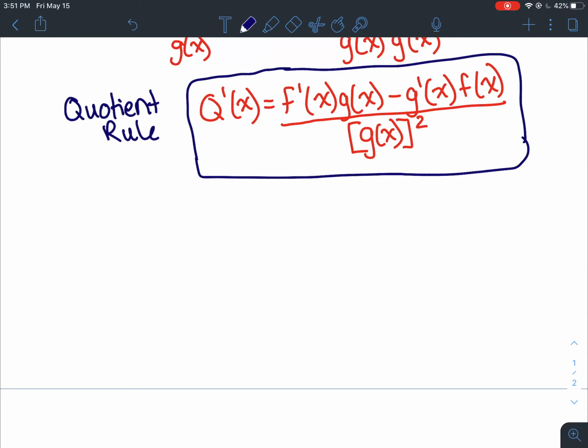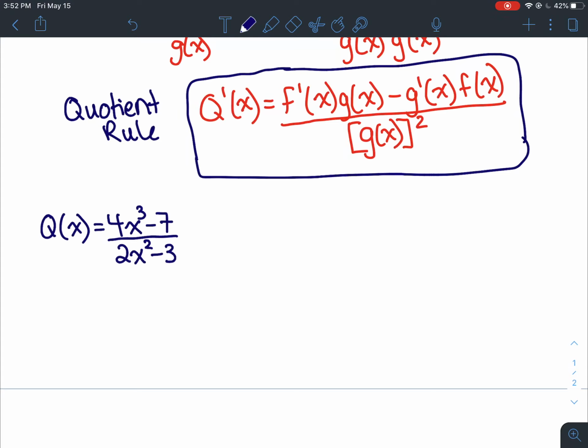It's hard to use until you know the chain rule, but let's try an example. Sorry for the delay. Let's say q of x is equal to 4x cubed minus 7 divided by 2x squared minus 3.